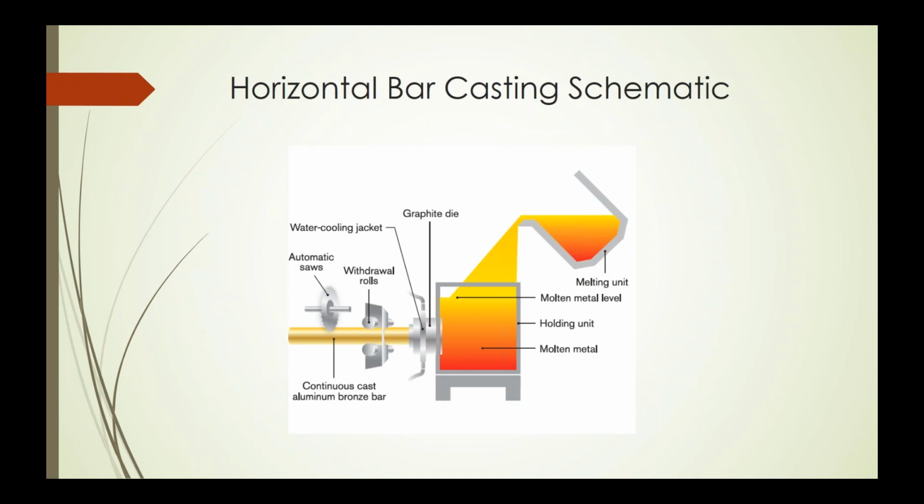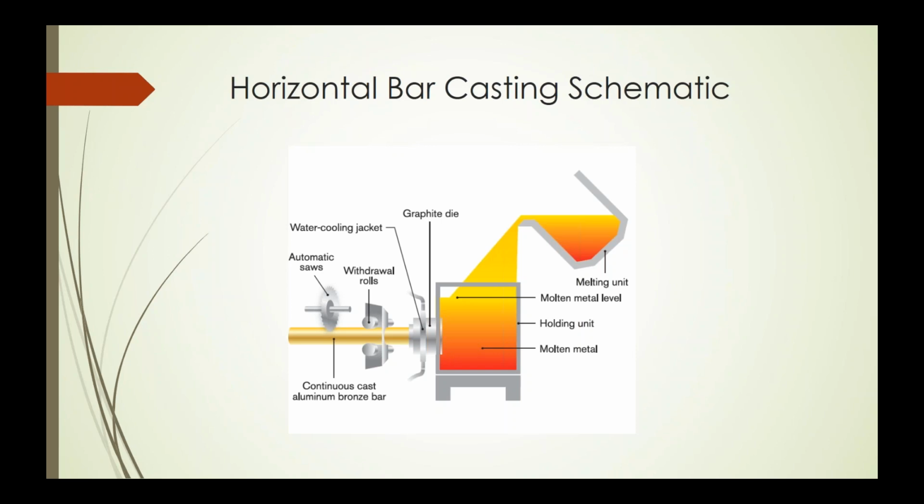The graphite die, or the die, it doesn't have to be all graphite, but that's better, is relatively long, or has a reasonable distance. The metal needs a dwell time in that die to solidify properly, and the extraction rate generally is slow, but this type of production technique lends itself to continuous casting of unusual materials.